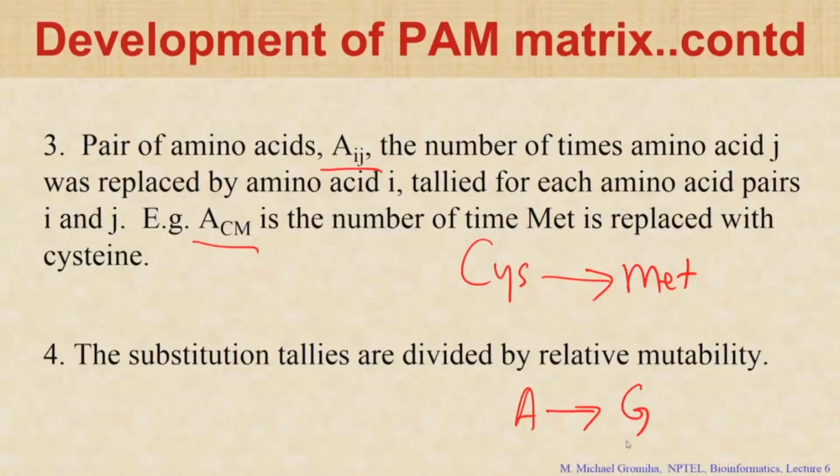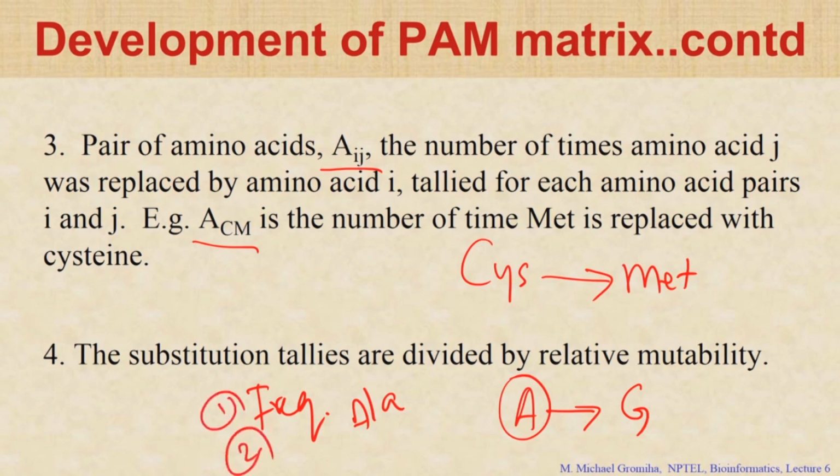So, for example, if you take alanine to glycine, what are the different aspects we need to consider to derive the PAM matrix? First we need the frequency of alanine, and then the mutation frequency of alanine, that is, how many times A is mutated.